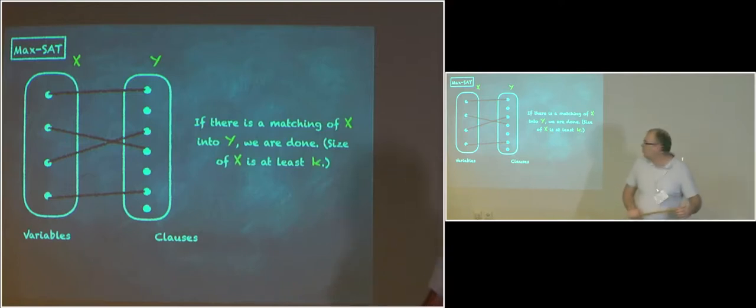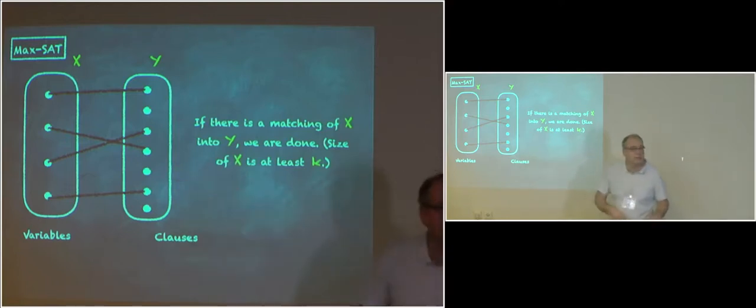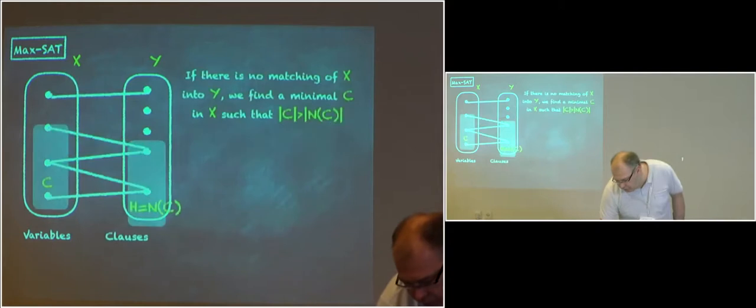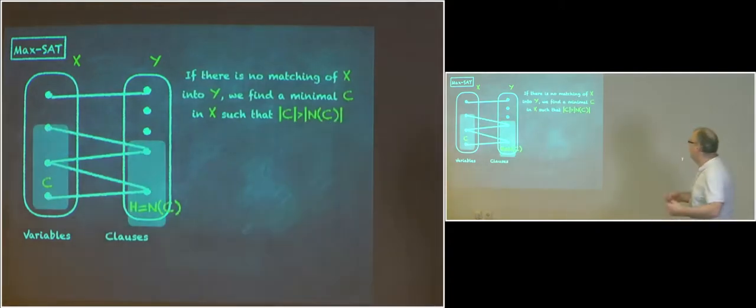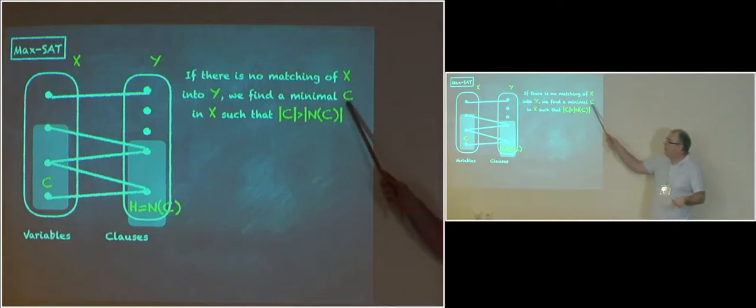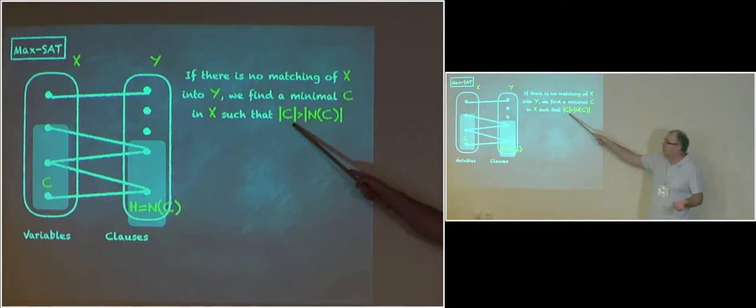So suppose that there is no such matching. Then again I try to use Hall's condition. Why is there no matching? It means that there exists a set C such that the size of C is larger than the size of its neighborhood.